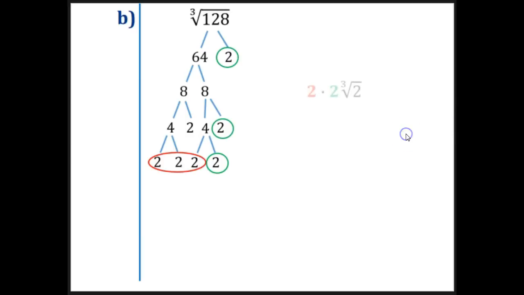So I'm going to do 2 times 2 cube root 2, which ends up being 4 cube root 2. Yes? How do you know which is square and which is cube?